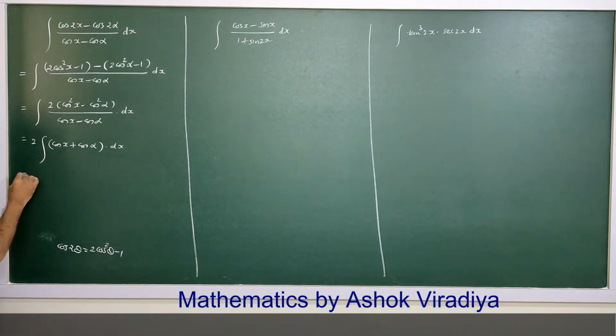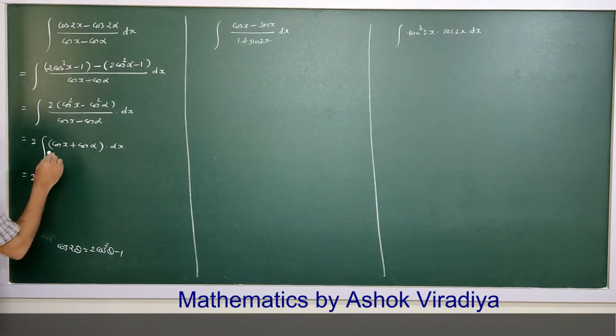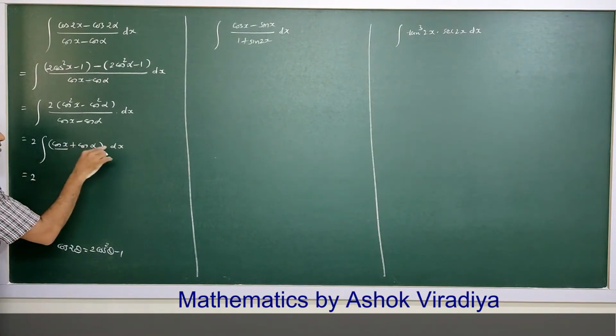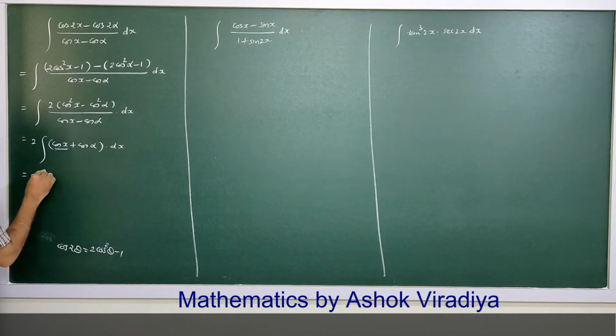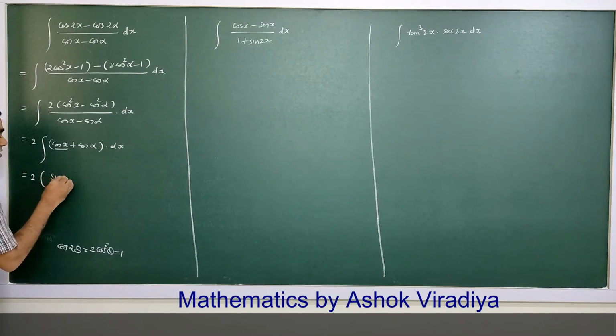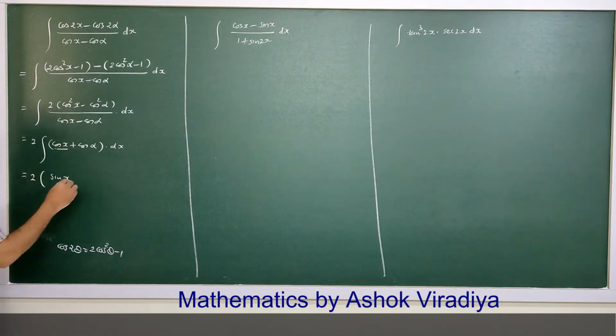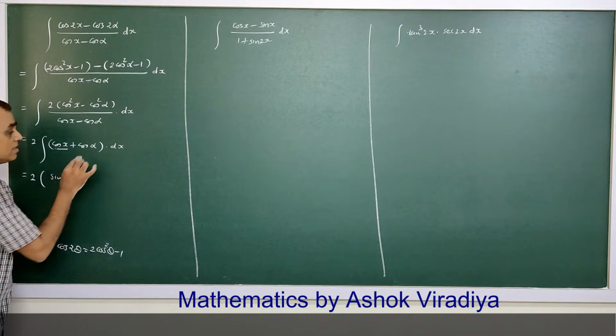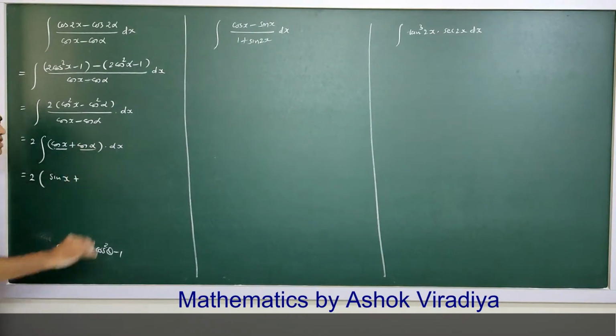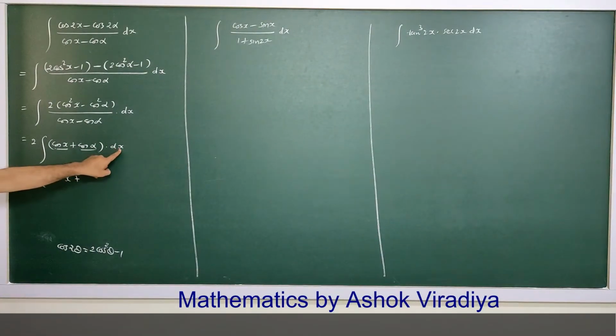Now 2 into integral of cos x with respect to x is sin x. Integral of cos x with respect to x is sin x plus integral of cos alpha with respect to x. See, this term doesn't contain variable x.